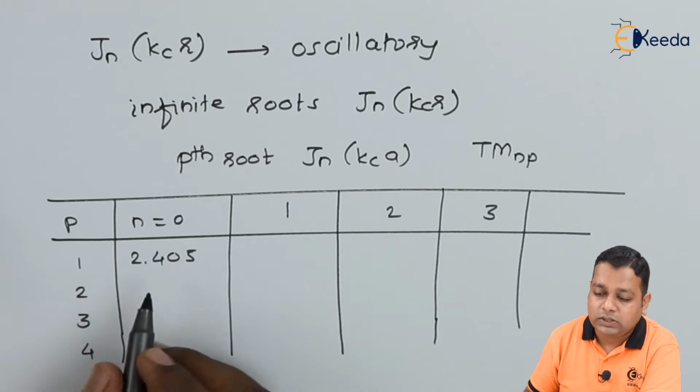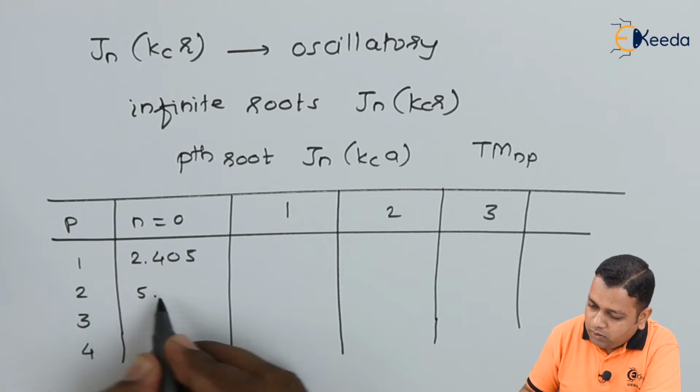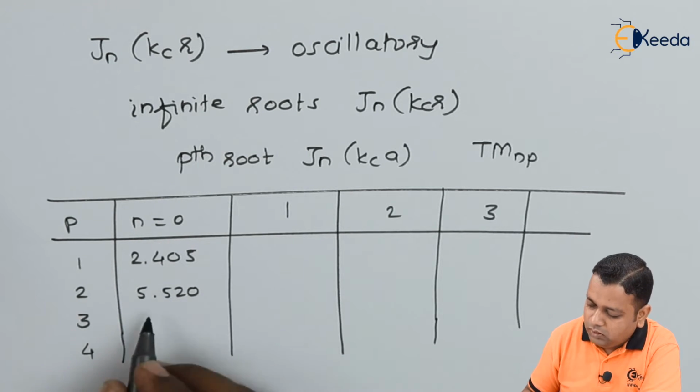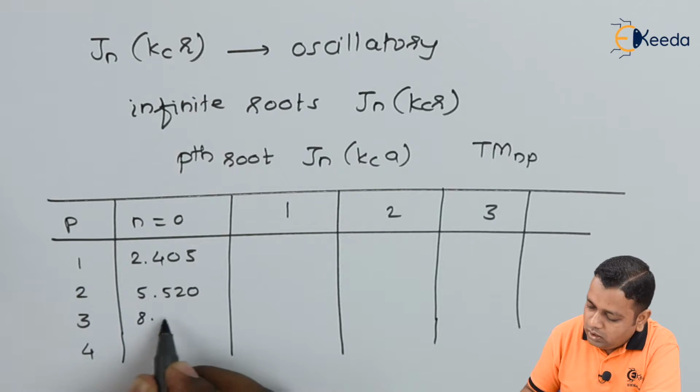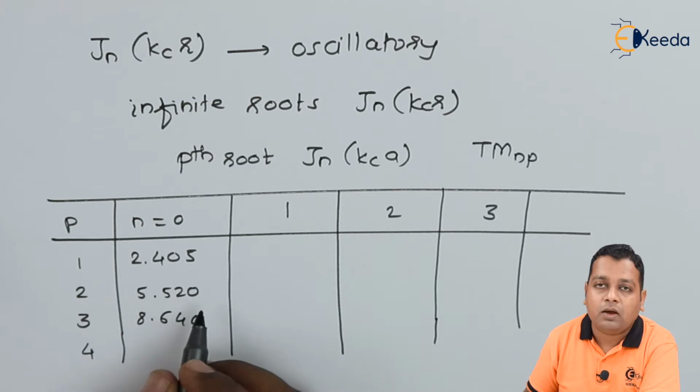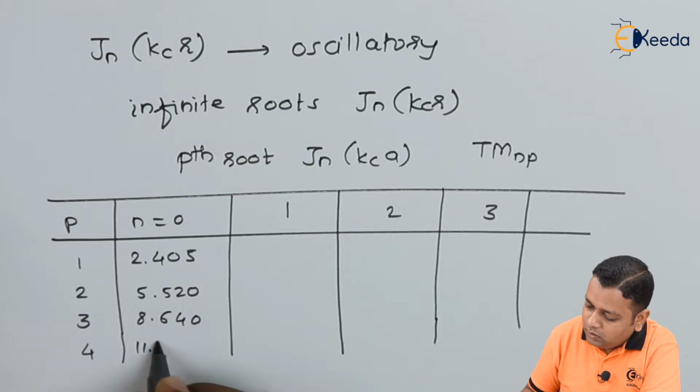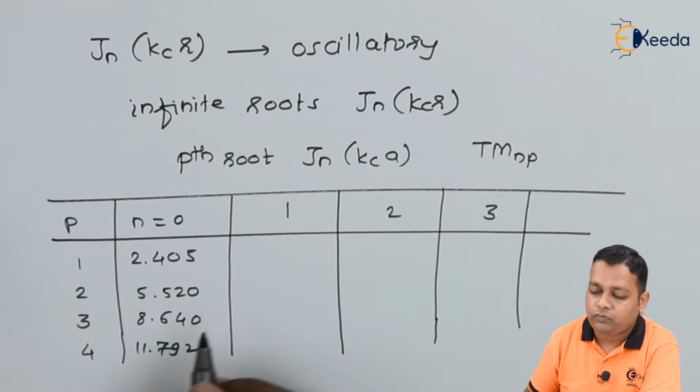2.405. For the second root we have the value 5.520. For the third root we have 8.640, and for the fourth root we have 11.792.